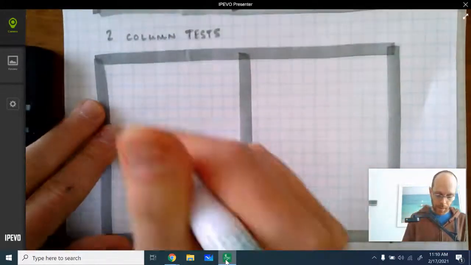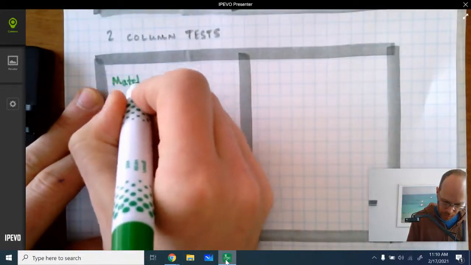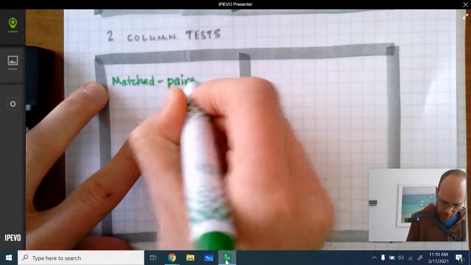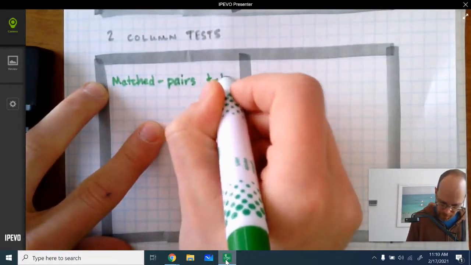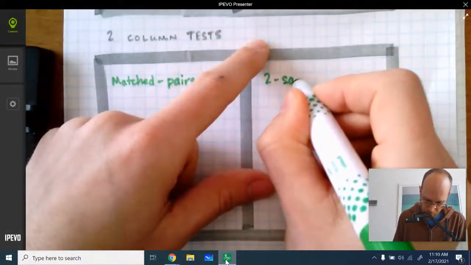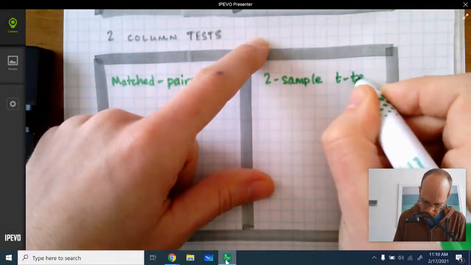You're either going to be looking at what we call a matched pairs t-test, or you're going to be looking at what we call a two-sample t-test.